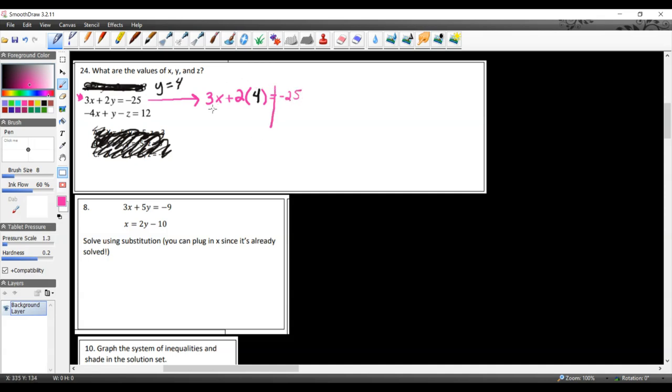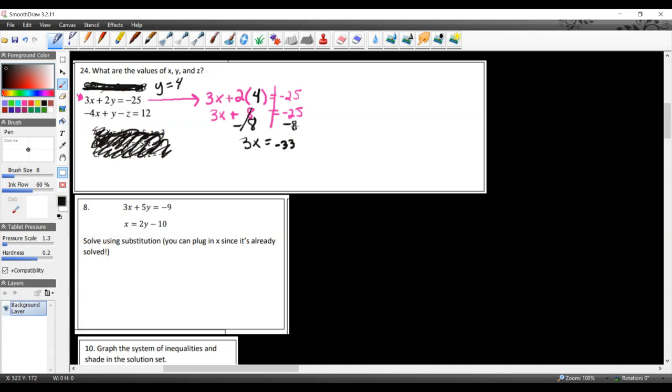So we have 3x, 2 times 4 is 8, so plus 8, equals negative 25. I'm going to go ahead and get the x by itself, so subtract 8 from both sides, and that leaves me with 3x is equal to negative 25 minus 8 is going to give me negative 33, I believe.